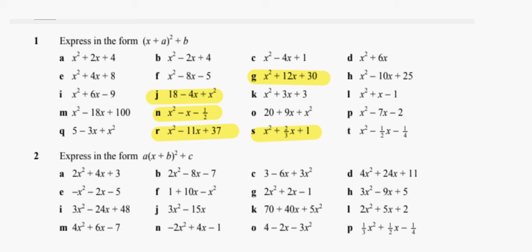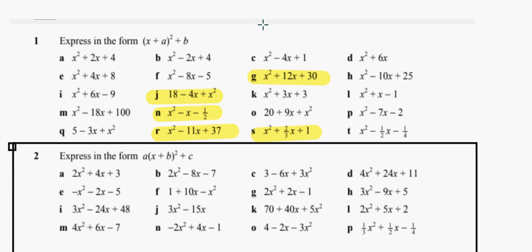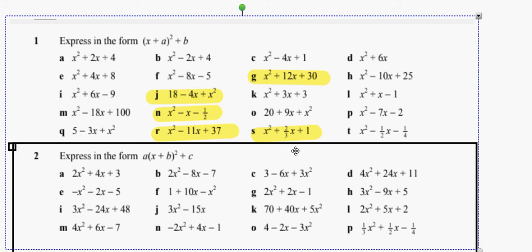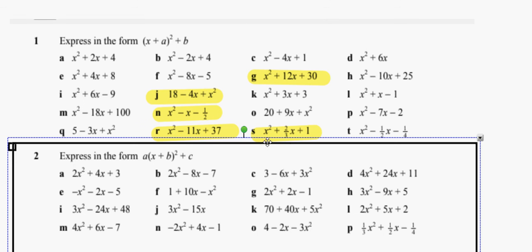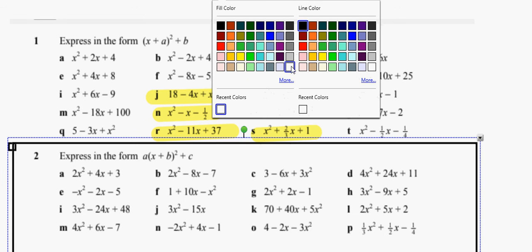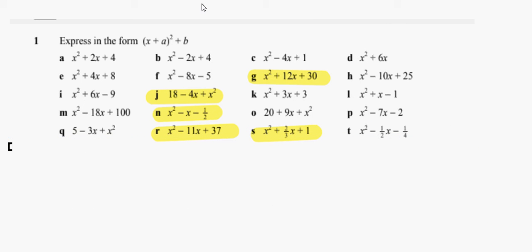Can anyone tell me, Luke, what do you do with J? Perfect, as long as when you rearrange it, what do you get? Okay, so Luke rearranged that, and what Luke got was x squared minus 4x plus 18.